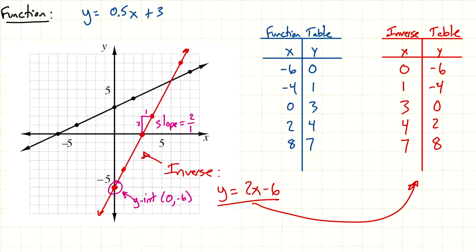Another key thing I wanted to mention is this whole idea of input and output being swapped. Visually we can see that happening in the graph by a line of symmetry that might not be so obvious.